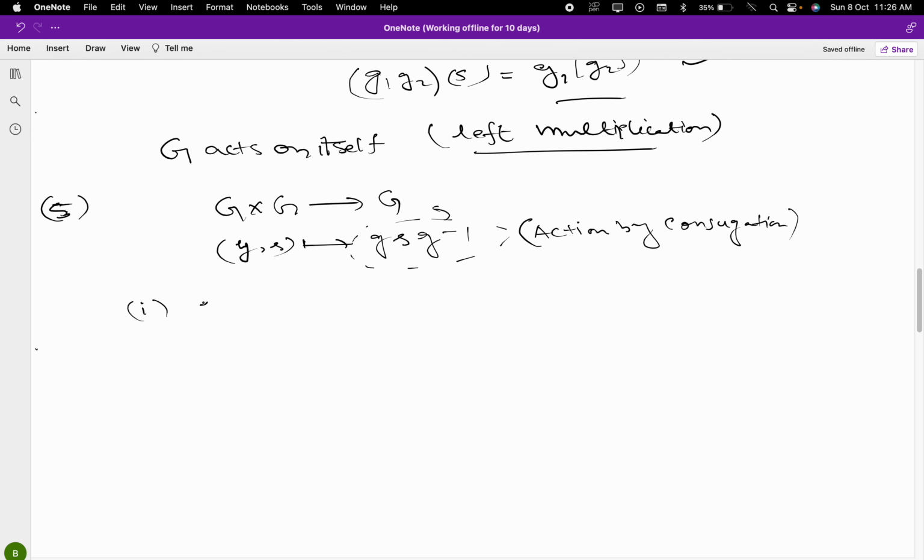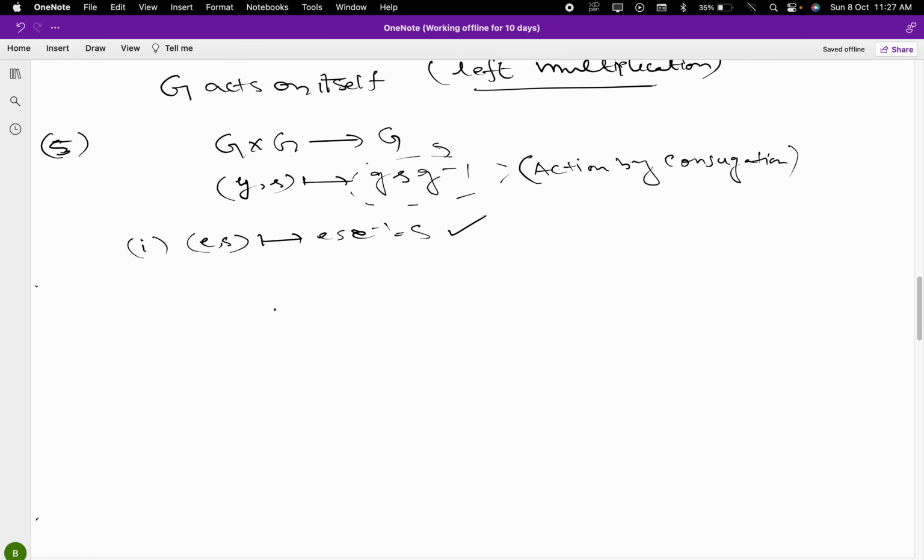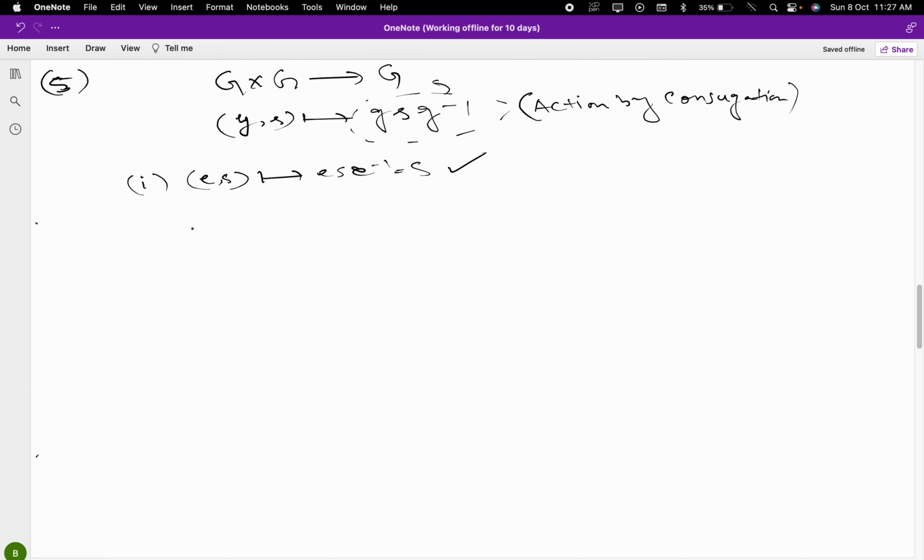You can definitely check the first property. The first property is very obvious, E dot S. What is E dot S? It is E S E inverse, which is actually S. First property satisfied, there is nothing. You just have to check the second property, right? What is the second property? It says you take G1 and G2 and S, operate on S, it should give us G1 of G2 of S. Yes, okay, so we can definitely take, right?